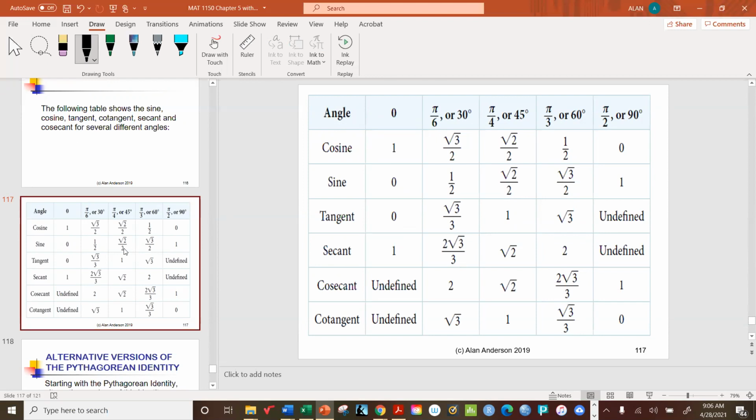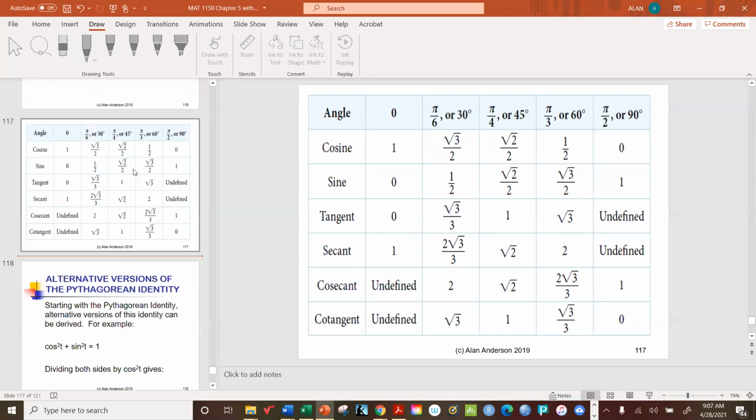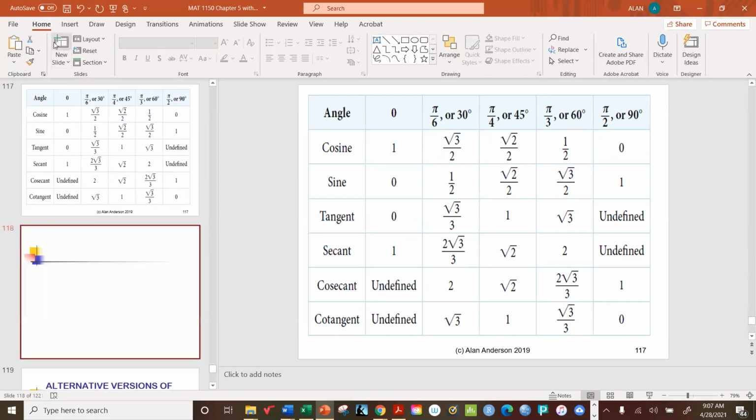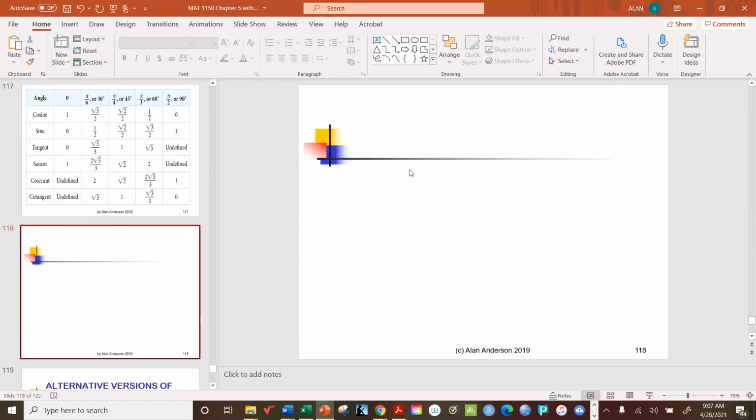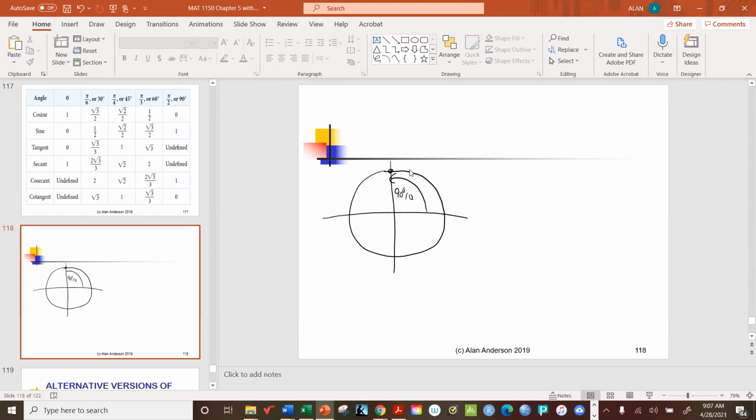And as I did mention, there are a couple of cases where, for example, the tangent is undefined at 90. Let me just quickly show you why. Remember, we saw that 90 degrees means that you have rotated 1/4 of the way around the circle from the x-axis.